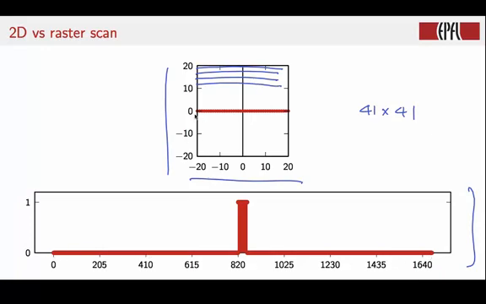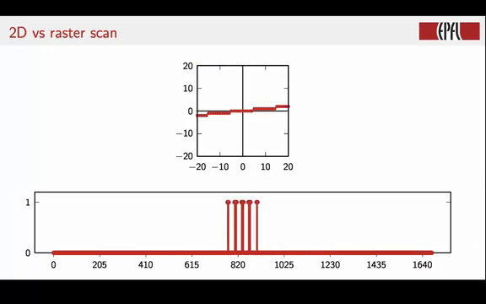Now, for a horizontal line that coincides with the N1 axis, the resulting unrolled representation is just a series of 0 pixels, except when we scan this line, at which point we will have 41 pixels equal to 1, and then we will go back to 0. So this is rather simple to understand, but if we change the angle of the line, we see that the representation in an unrolled fashion changes in ways that are not very intuitive.